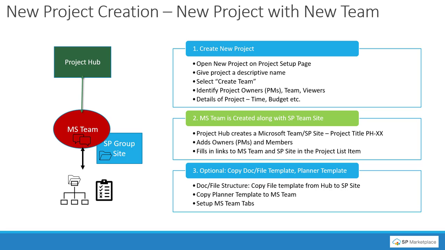So this is what it takes to create a new team. Most of it is automated all the way through creating the team, and then there are a couple of manual steps if you're going to set up your document and file structure template or a planner template.